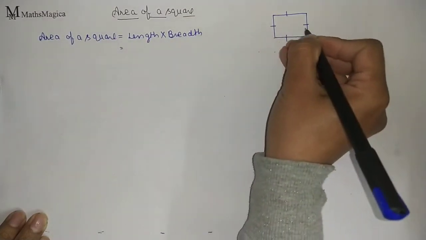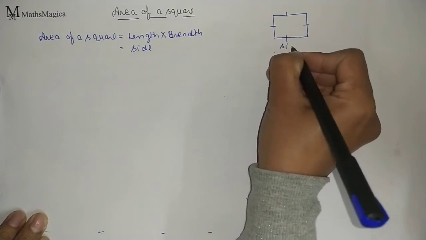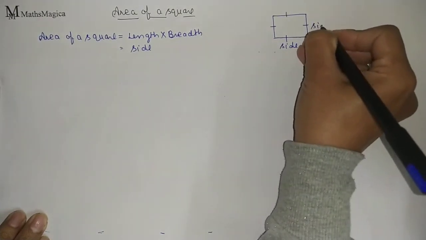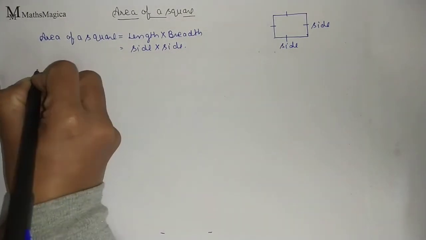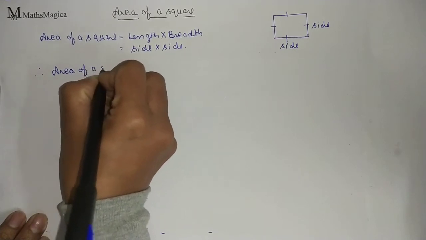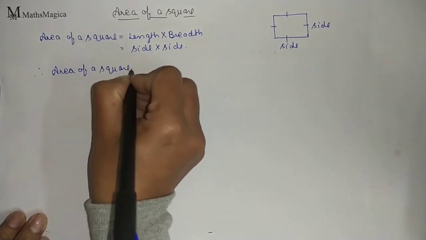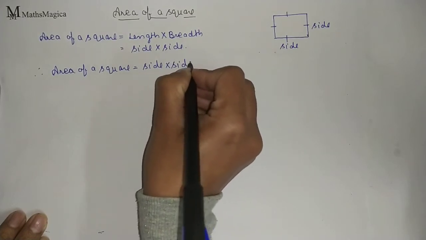Sides of square are equal. It means side length is equal to side and breadth is also equal to side. Side multiply its side. Therefore, formula of area of a square is equal to side multiply side.